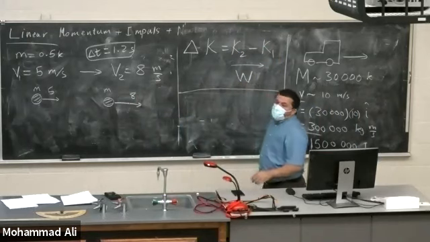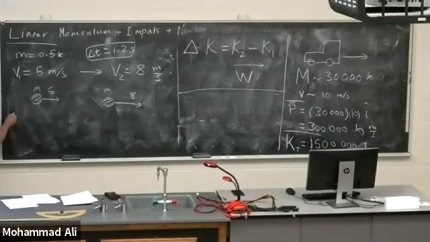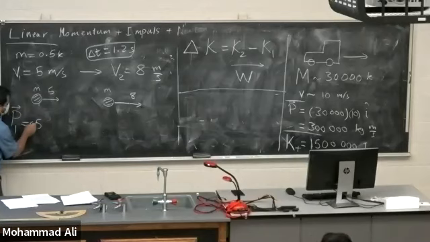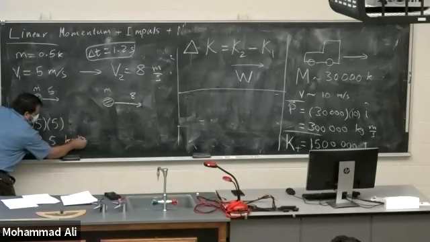Okay, what we have also here, we change the momentum. The initial momentum is equal to the mass, 0.5, multiplied by the initial velocity, which is equal to 2.5 kilogram meter per second.